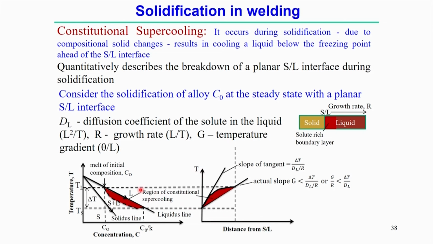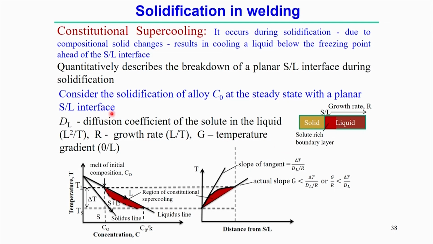Here we can see that the first slope is the actual slope. The actual slope is the temperature gradient, mathematically represented by the term G. Then the other slope, the slope of the tangent at this point, represents the change of temperature, that is the temperature difference, with respect to some distance.